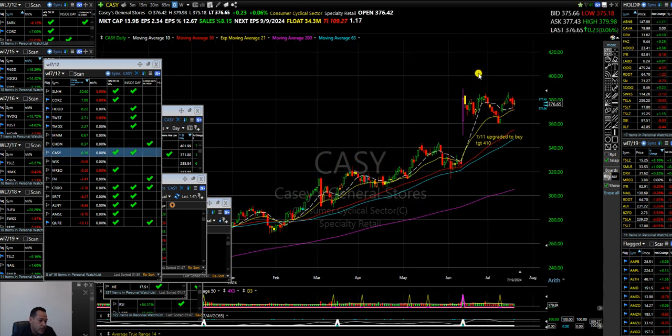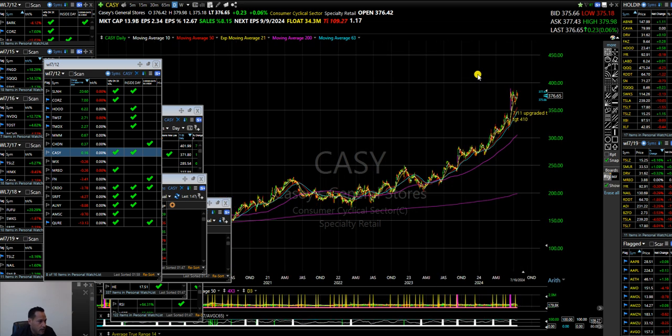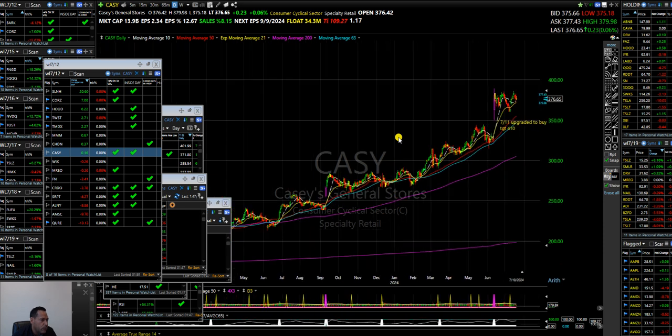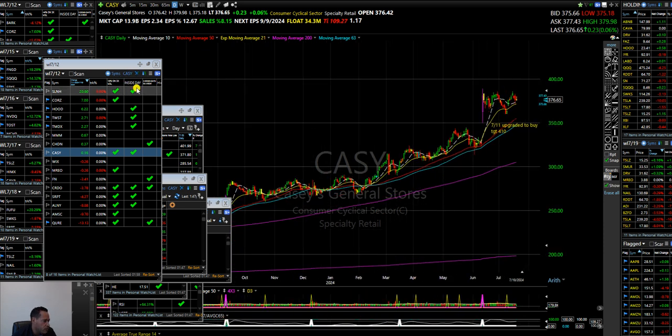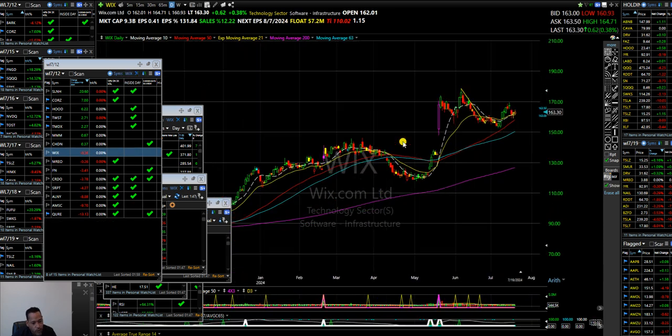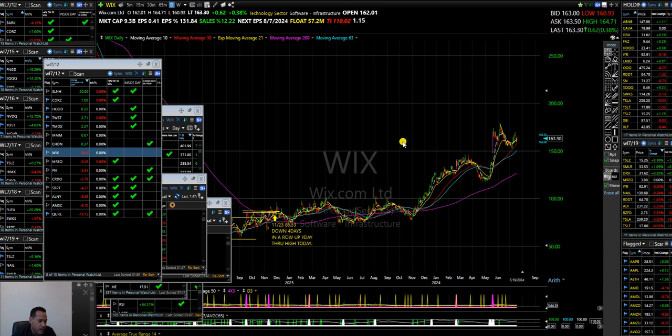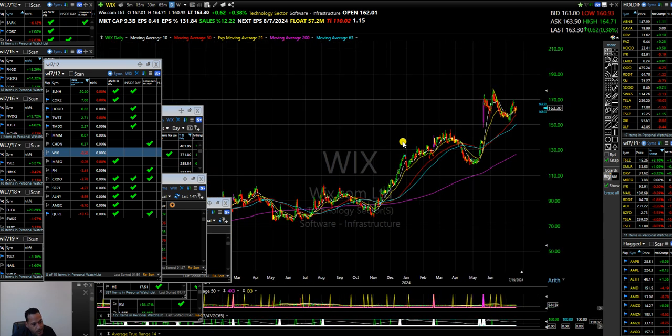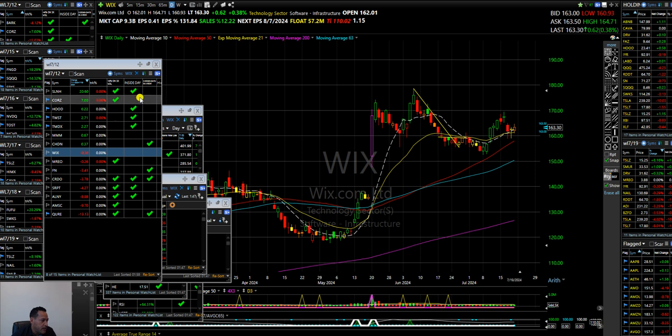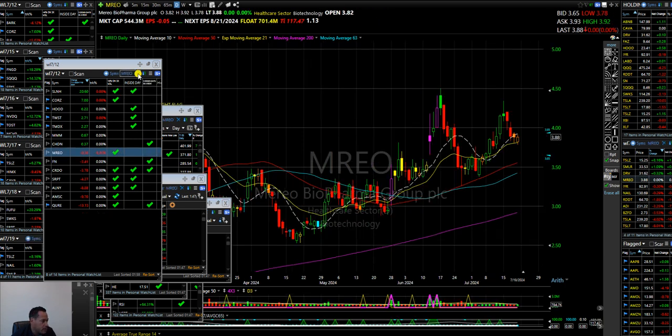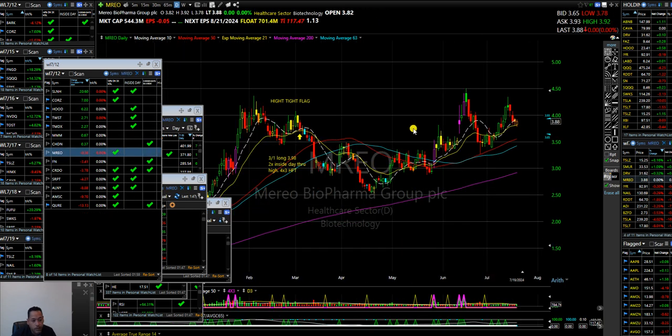Casey, again, this looks good as well. I'm going to pass it because it had a tremendous run already. So I'm going to get rid of this one. Wix, again, looks okay, not bad. I'm hesitating, so I'm going to take it off. MREO, it looks good. Right sector, 21-day moving average.